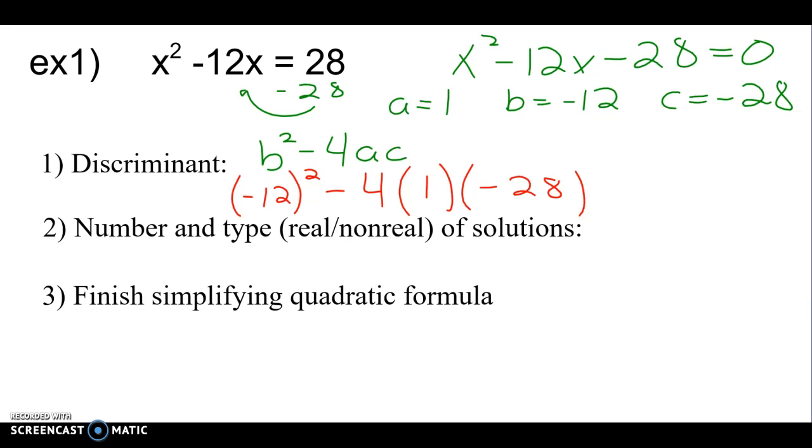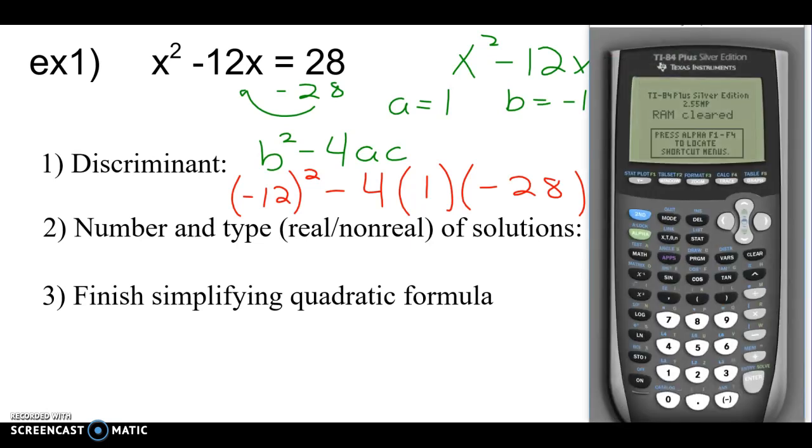So now, get out your calculator. I know math teachers don't say this a lot, but I really want you to just throw this all in your calculator. So I'll show you the best way to do that. Okay, so go ahead and type in parentheses, -12 parentheses to the second power.